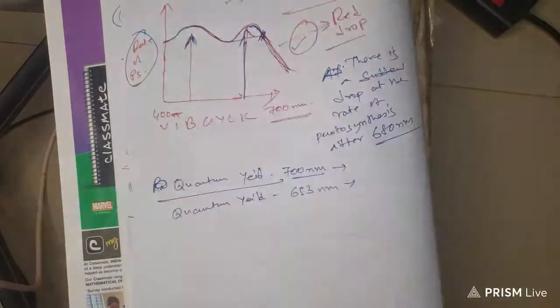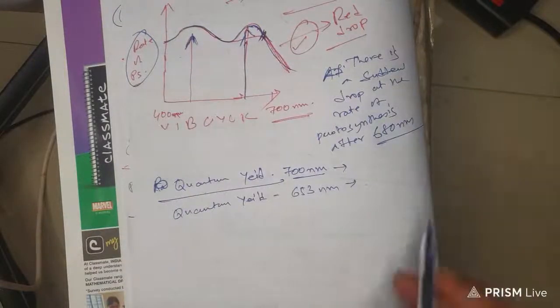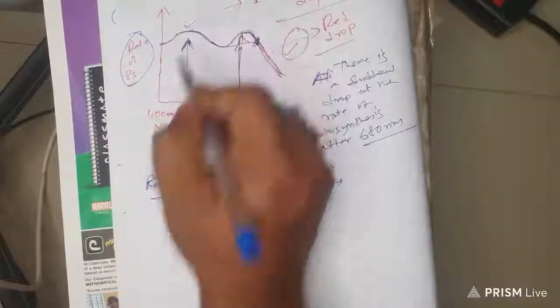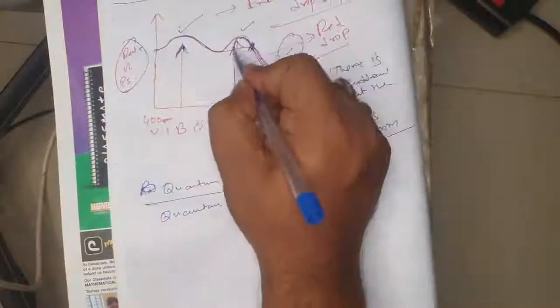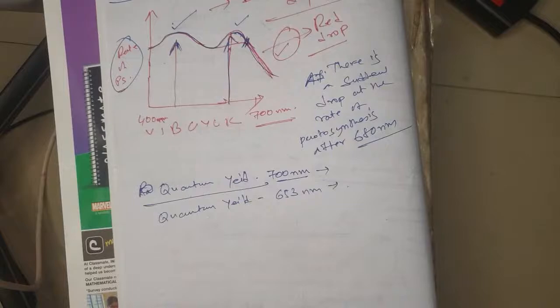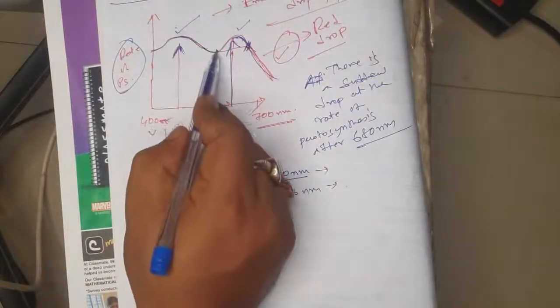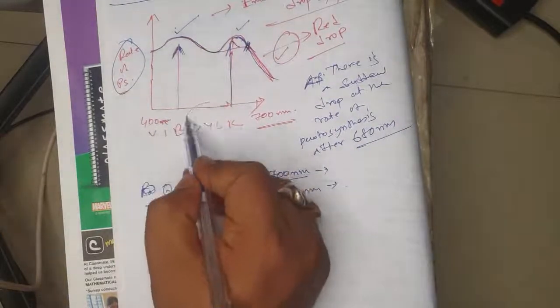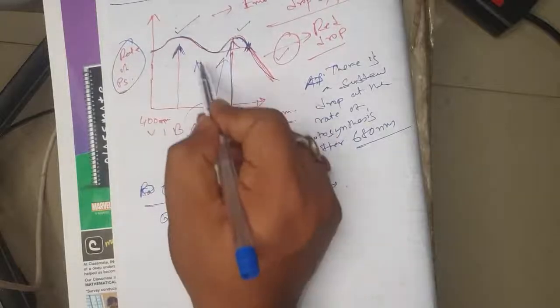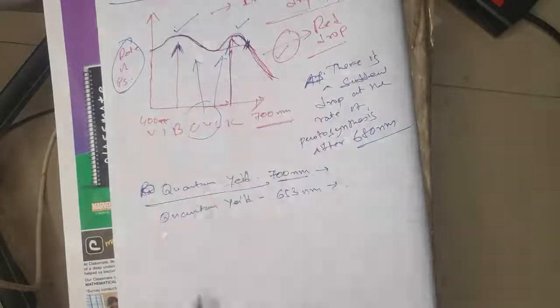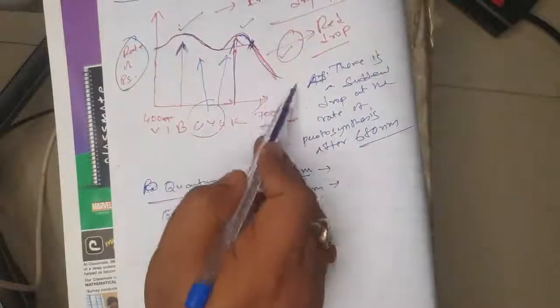Why is this drop there? He already knew that here it is higher, fine, but why is there a drop here? Now this drop could be explained by saying these lights are not so effective for photosynthesis, so the rate of photosynthesis is low. But why is there a drop right after red?